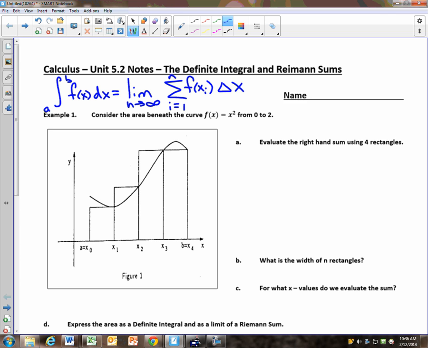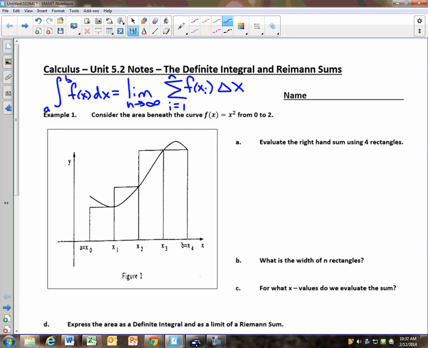It would just be an integer that we're going to plug in. So this actually reads the integral from a to b of the function f of x dx is equal to, and do you remember dx, we talked about that earlier? That's that minuscule change, right?